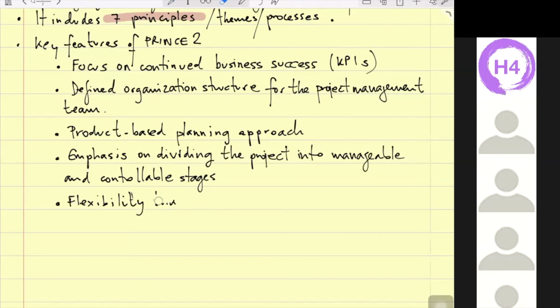Flexibility should be applied at the appropriate level.